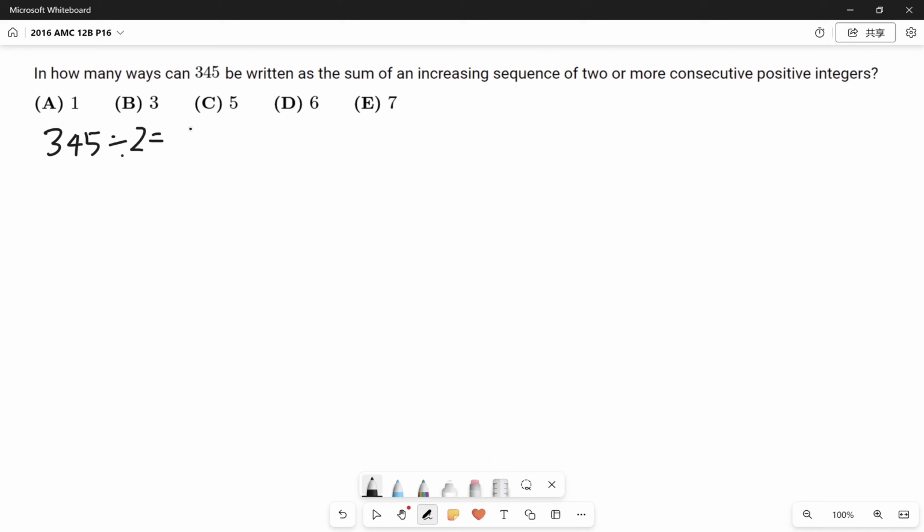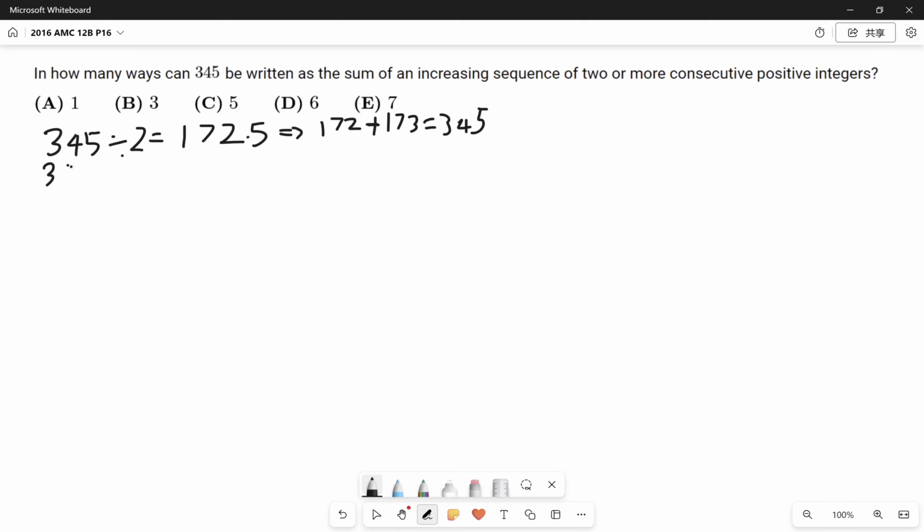If you calculate this on paper, it would be 172.5. So I take the two closest numbers to this, which are 172 and 173. They should sum to 345. So that's one possibility.